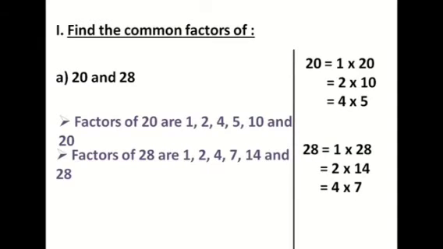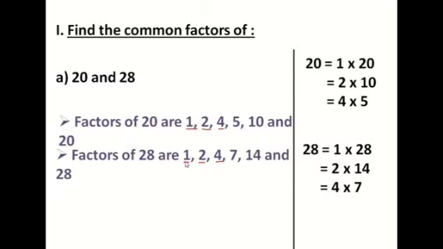If you have written, then find out the common factors here. Here you can see I have already underlined the common factors. Common means what are there in both the places. So factors of 20, if you check, 1 is there.